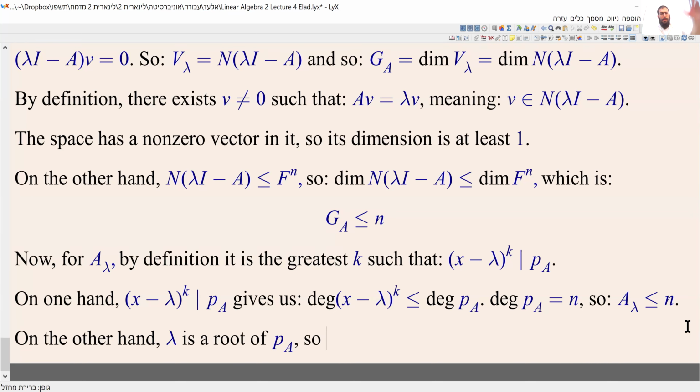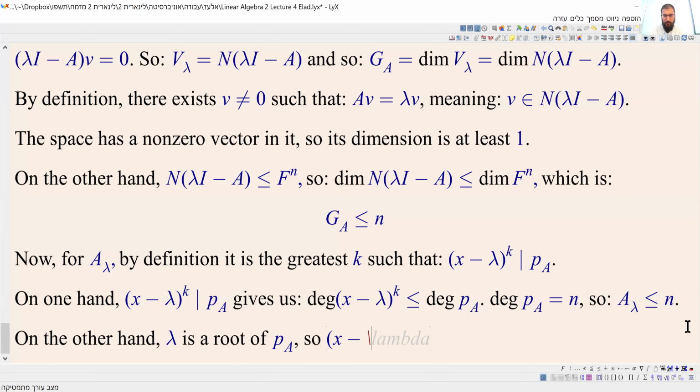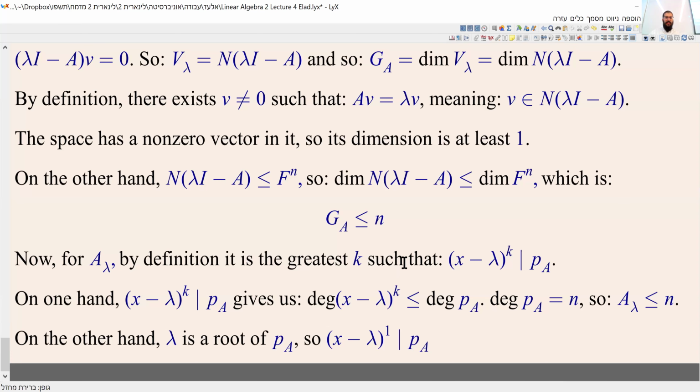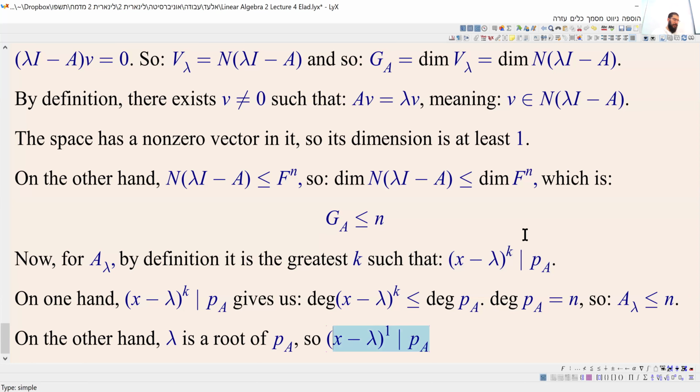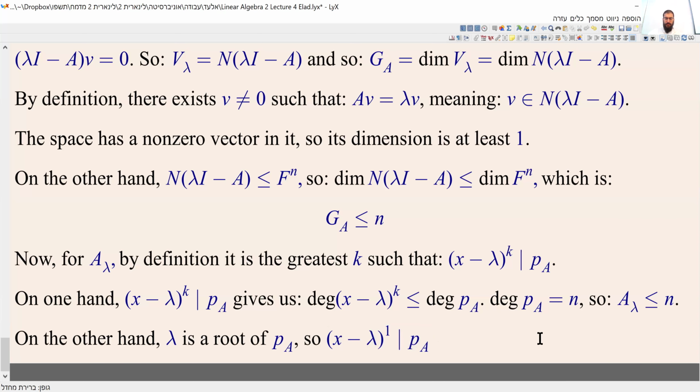So by the last proposition we wrote down before we went on a break, x minus lambda, without any power, divides the characteristic polynomial PA. If x minus lambda, which is x minus lambda to the power of 1, of course, divides PA, the greatest k that satisfies that is at least 1, because 1 satisfies the division.